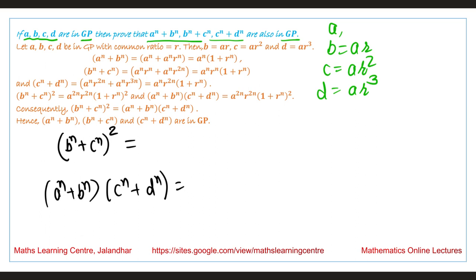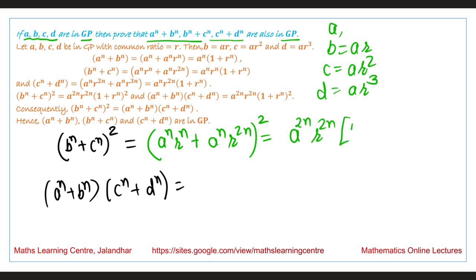If we calculate the first term, we have a raised to the power n, r raised to the power n plus a raised to the power n, r raised to the power 2n, whole square. This is equal to, taking a raised to the power n, r raised to the power n common, a raised to the power 2n, r raised to the power 2n into 1 plus r raised to the power n whole square.